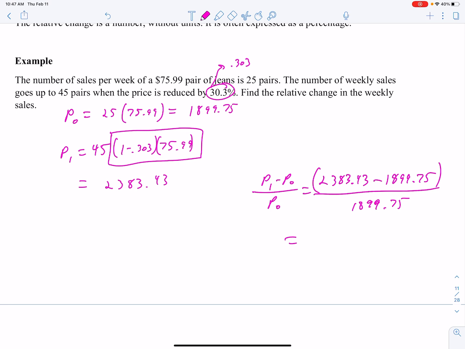So let's see, 2383.43 minus 1899.75, so that's 483.68 over the 1899.75, so let's calculate that. So this equals 0.2546, well, we can round that to 0.25, all right?